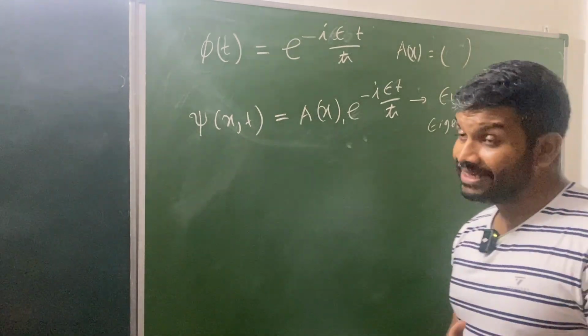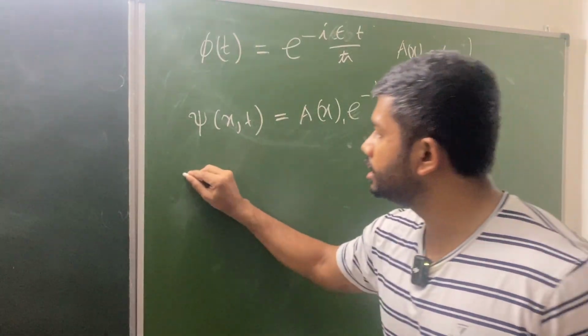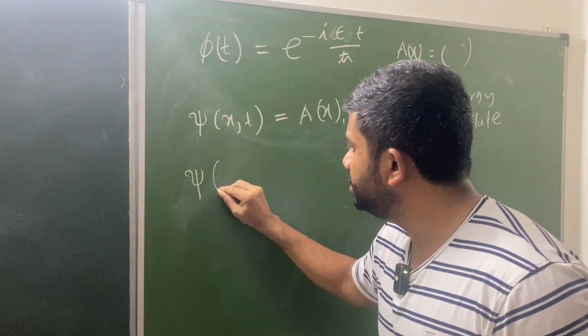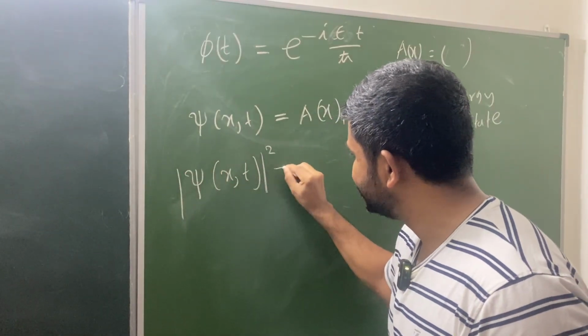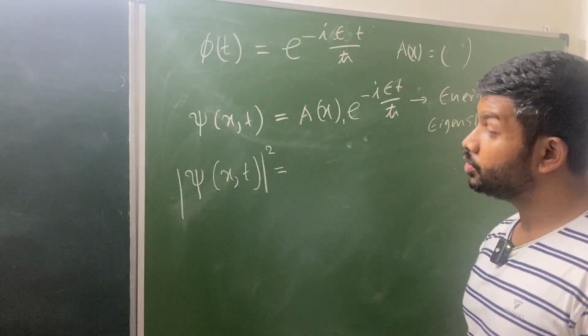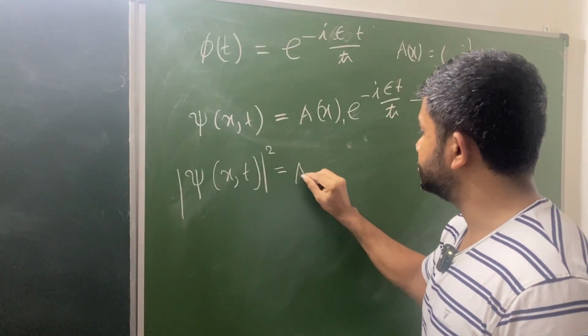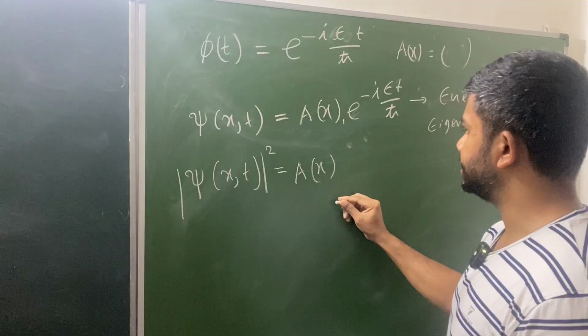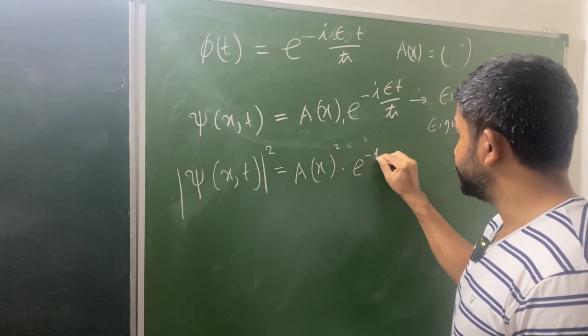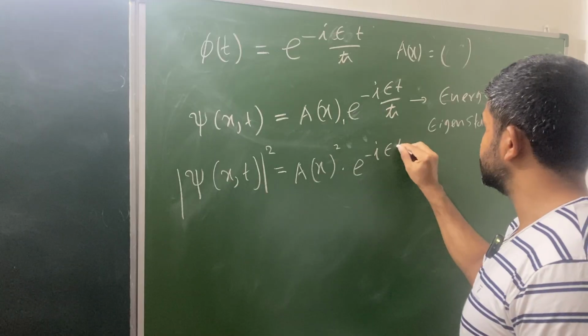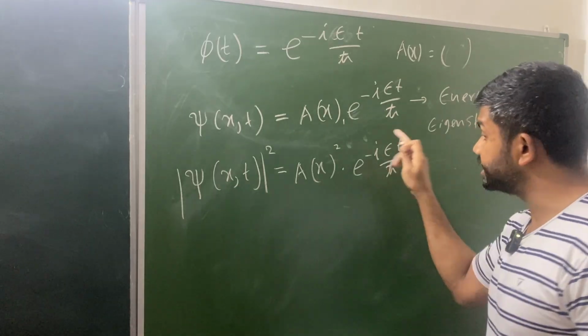Most importantly, if you get the probability density of this one, you can clearly see that, guys, the spatial part will not change, it's phi of x squared. But here you have an imaginary exponential.